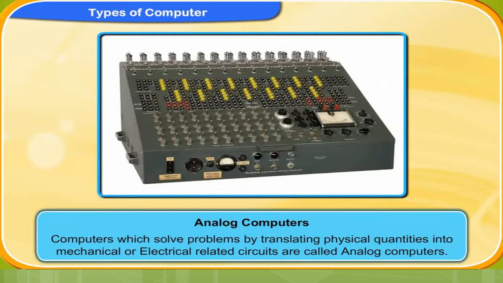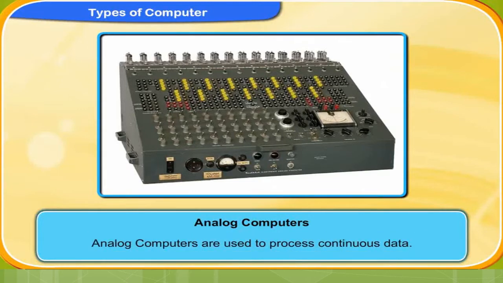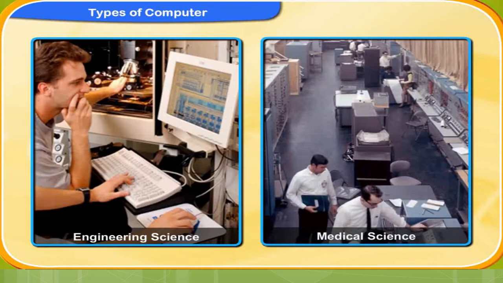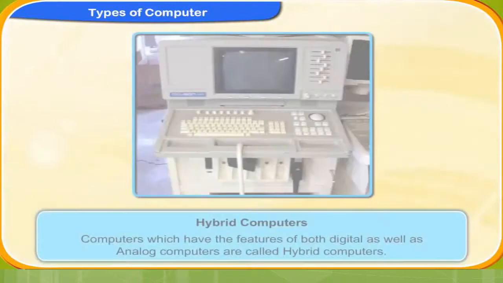Computers which solve problems by translating physical quantities into mechanical or electrical related circuits are called analog computers. Analog computers are used to process continuous data. Analog computers are used in the field of engineering and medical science as they are speedy and produce fast results.